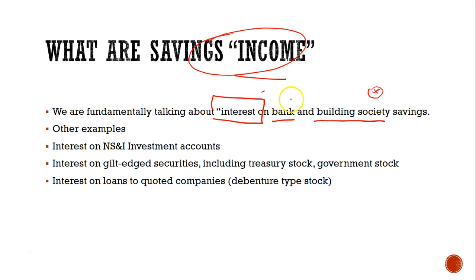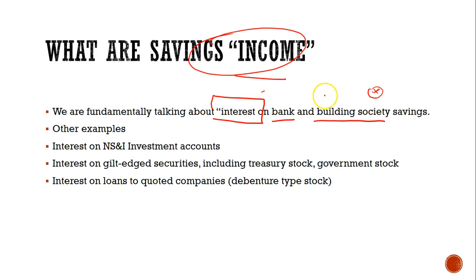And this money is received gross. So typically the interest that your bank will give you will arrive as a full amount, and then on your self-assessment return, you will have to pay this off to HMRC. In reality, it doesn't quite work that way, but this is the assumption you must make.